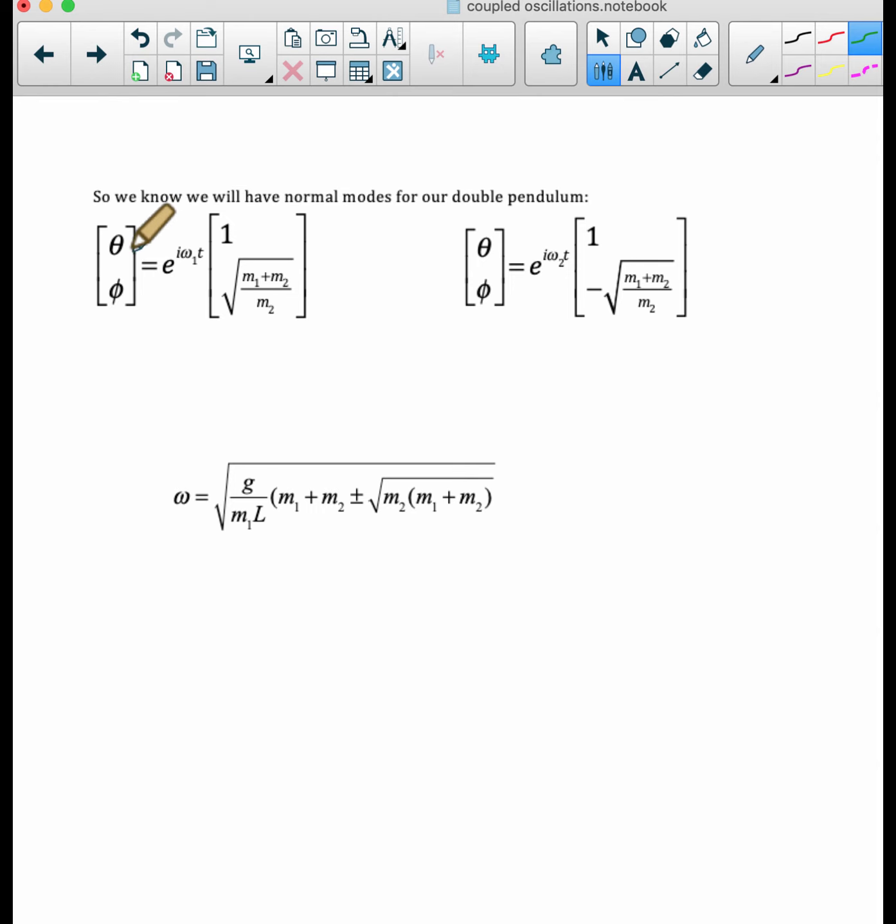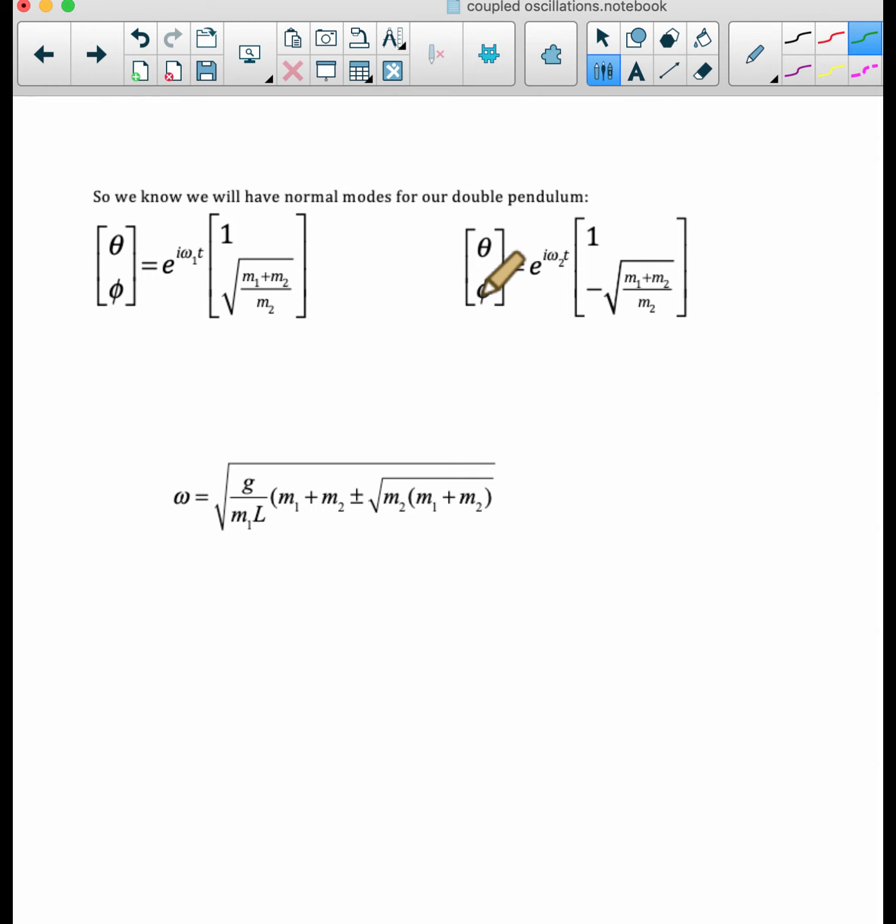We know that theta and phi are going to have these two normal modes. So the first normal mode, well, theta and phi are proportional to each other and both positive. So they're both sort of swinging in phase, with phi having a much larger amplitude. So that's one of the normal modes. The other normal mode, they're opposites of each other. So this is sort of like an antisymmetric vibration.